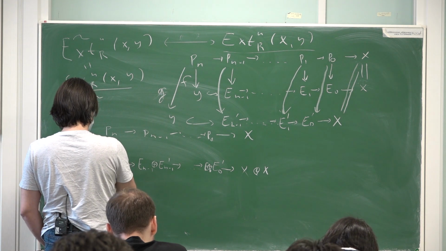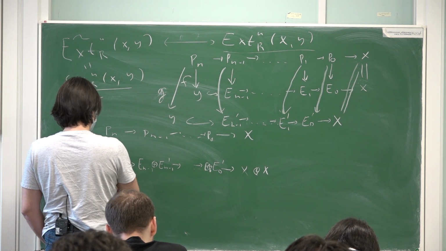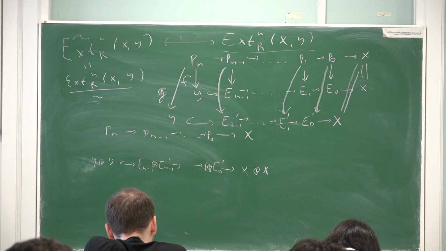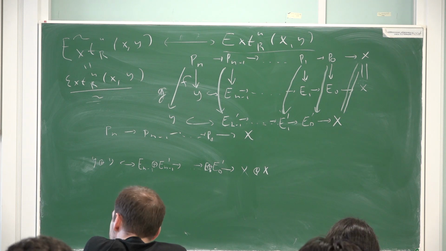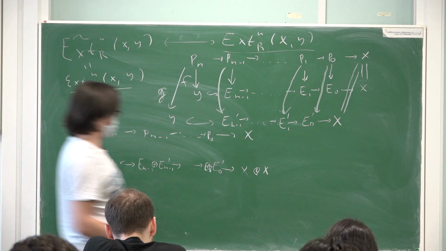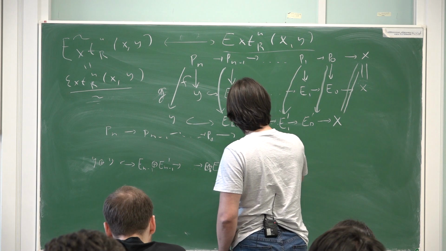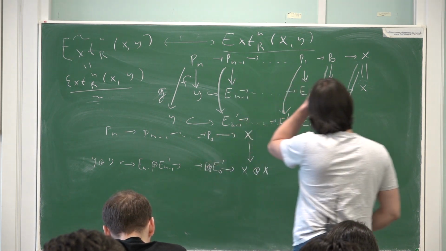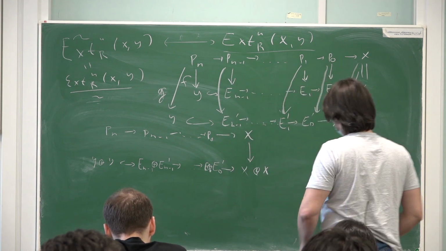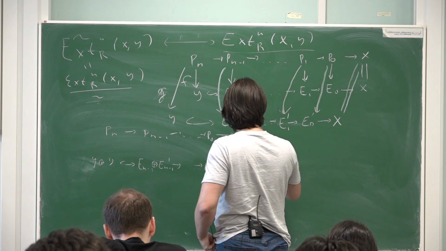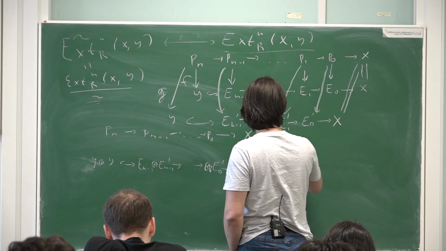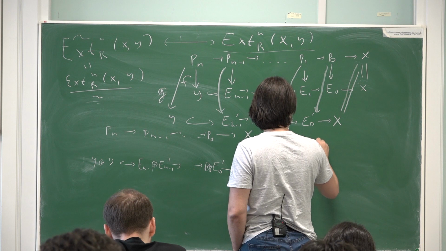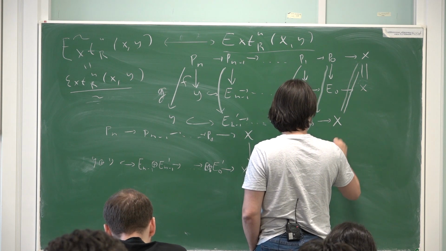Here y plus y. Here we can put the map delta, which is the diagonal map. Yes, delta of x is simply xx.